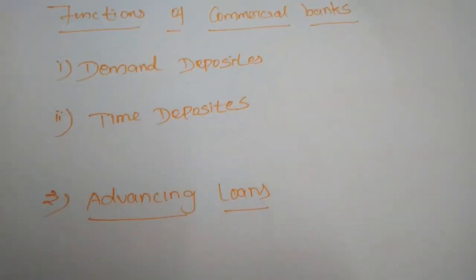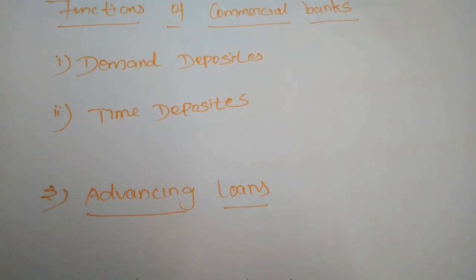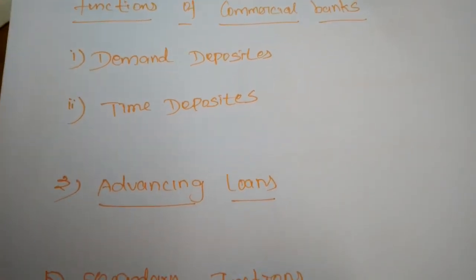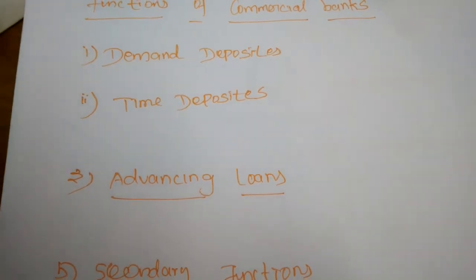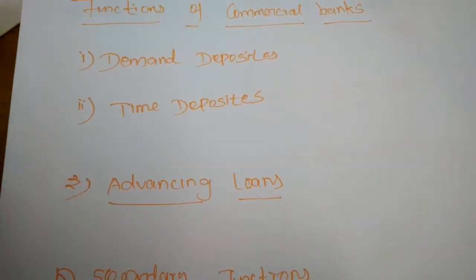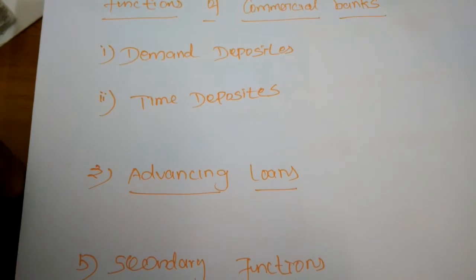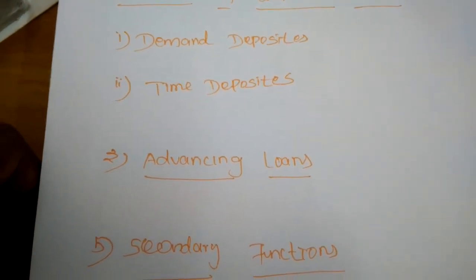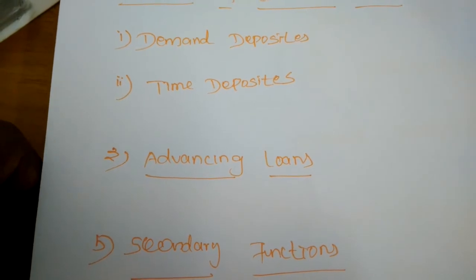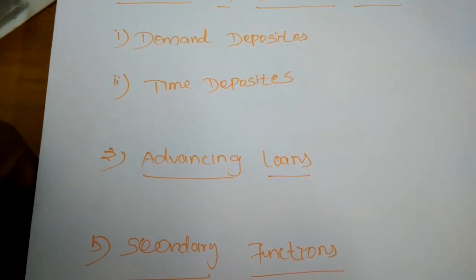By having advancing loans, the entrepreneurs and the consumers can increase their purchasing power, and the producers can establish new industries or expand the existing ones. The commercial banks grant loans in the form of overdraft, cash credit, and discounting bills of exchange.